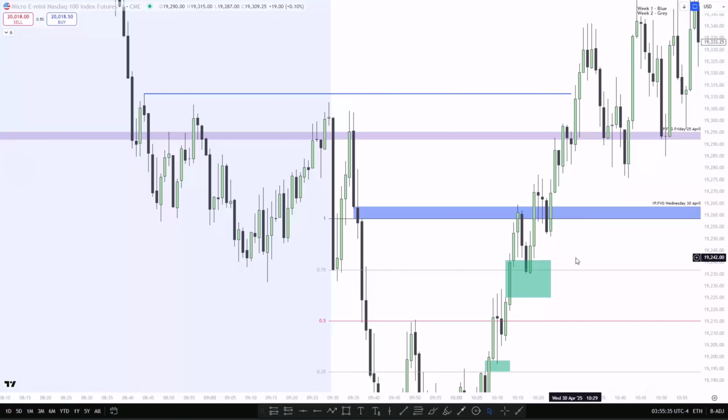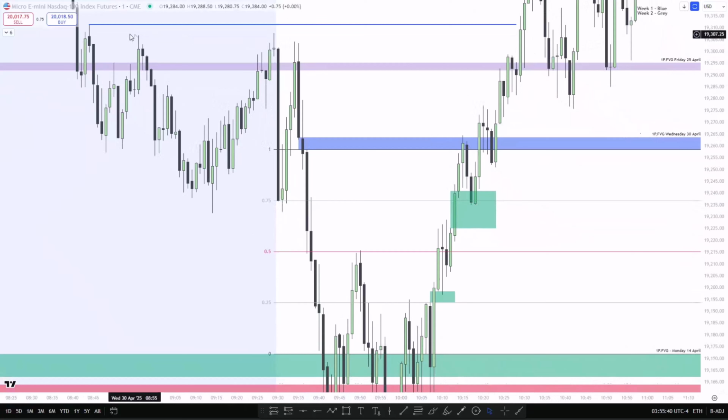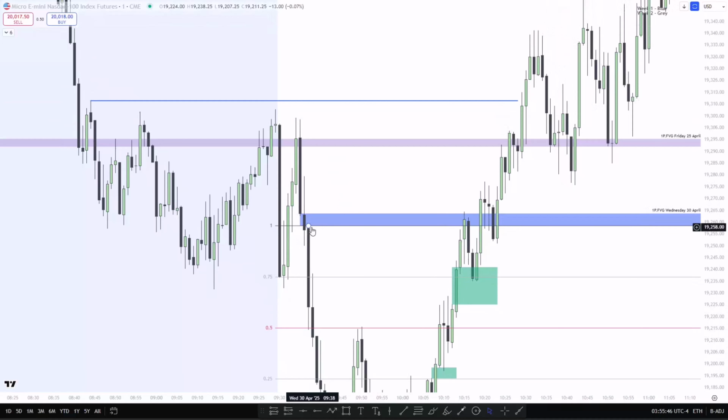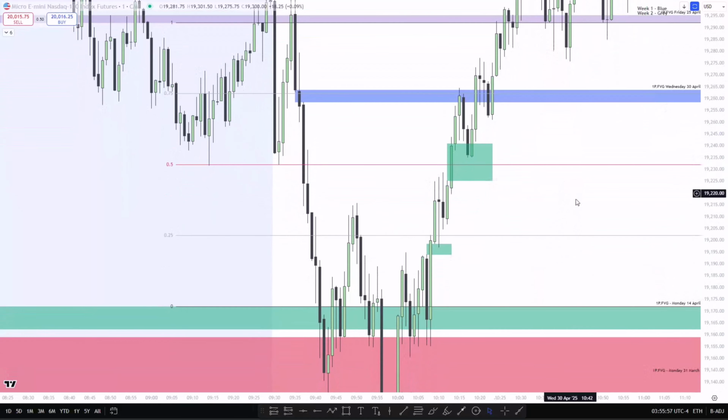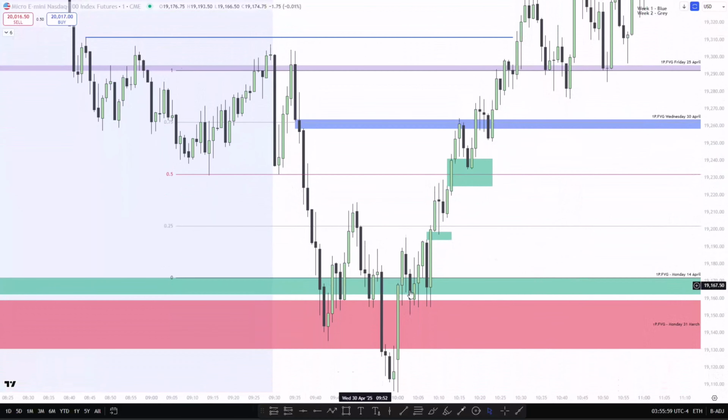That's your relative equal highs above. Okay. When you see these relative equal highs above and you know price is going to get there, or that's what you're expecting, you can also use that gap. Okay. To see the same thing happening.